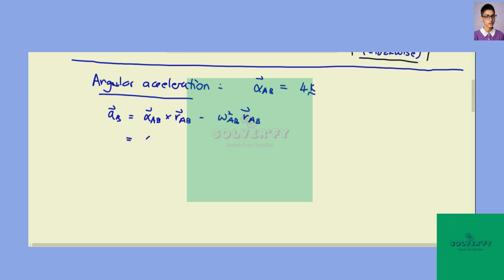So this is 4k cross 0.2j, and then minus omega AB, which is 2, squared, you get 4, times 0.2j. So you get minus 0.8 i plus j.